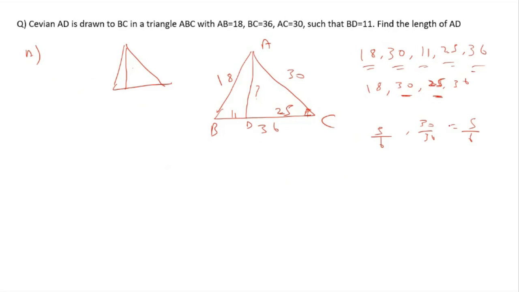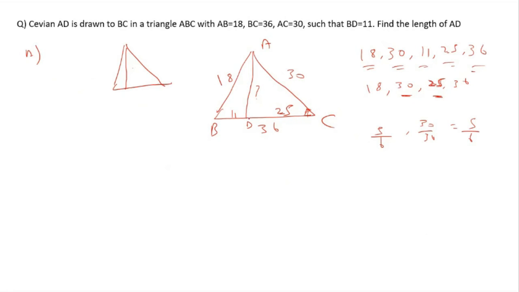I'll explain this question from the starting as well, but just follow along: what I'm doing is writing the sides and observing the ratios into which these sides are built. 25:30 gives me 5:6, and 30:36 gives me 5:6 as well.